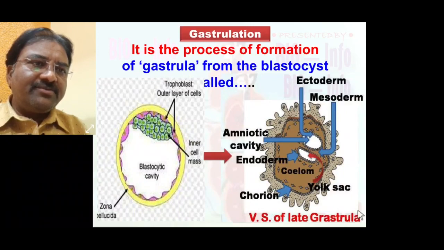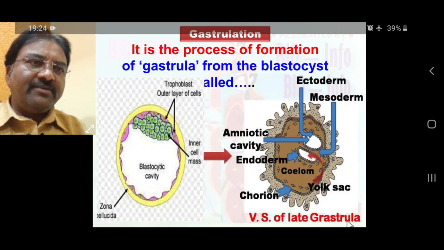Here we see the structure of a late gastrula. This is the endoderm, this is the ectoderm, and between the ectoderm and endoderm is the mesoderm. Each contains cavities: the endoderm has the yolk sac cavity, the ectoderm contains the amniotic cavity, and the mesoderm contains the coelom, covered by the chorion.